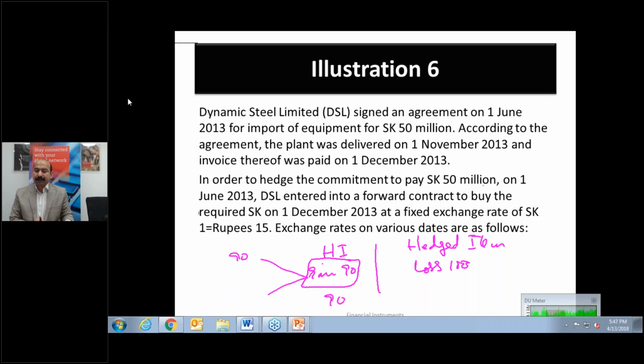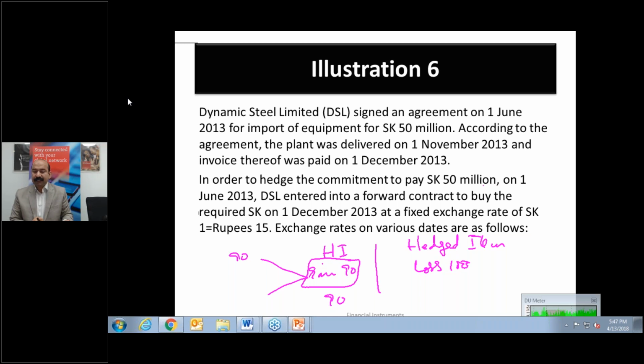According to the agreement, the plant was delivered on 1st November 2013 and the invoice thereof was paid on 1st December 2013. In order to hedge the commitment to pay 50 million SK, on 1st June 2013, DSL entered into a forward contract to buy the required SK on 1st December 2013 at a fixed exchange rate of 1 SK equal to rupees 15.